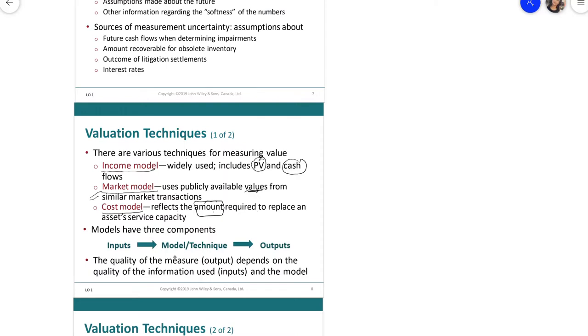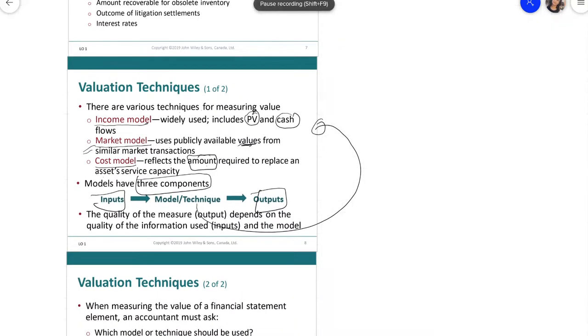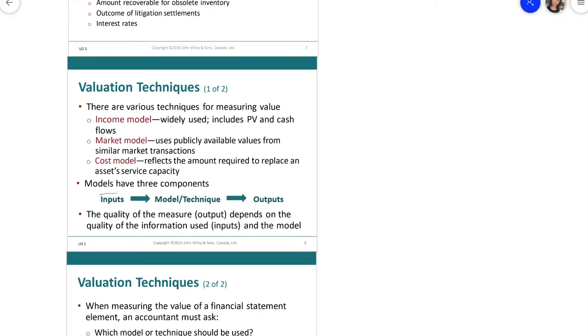Of course, for any model we use, there are three components. There's an input, and then from there we use different models, and then we have an output. The quality of the output depends on the input. Think about your studies: the input is how much time you're spending, how you're studying, which model you're using to study.